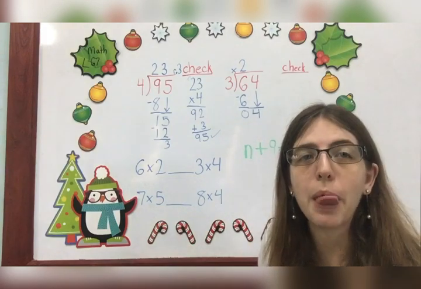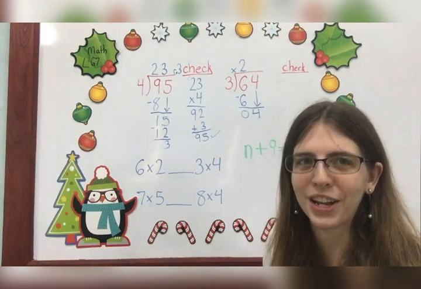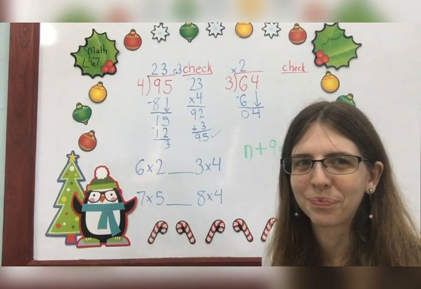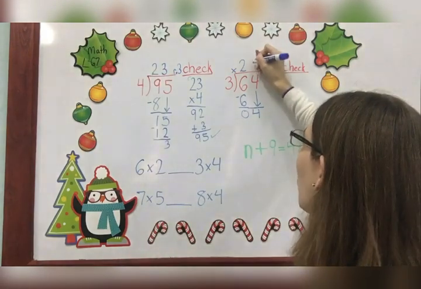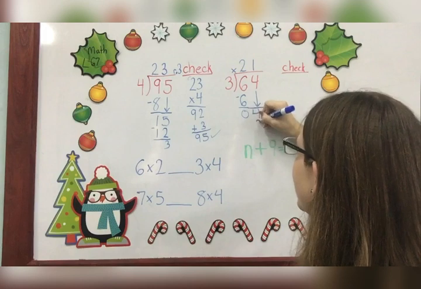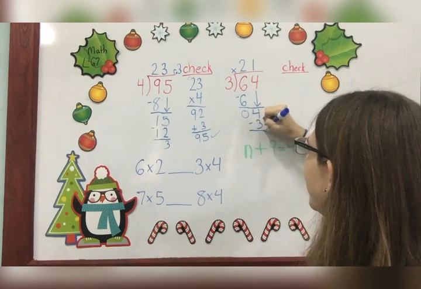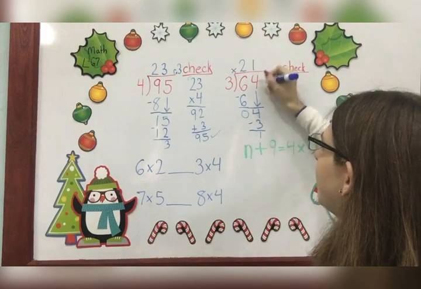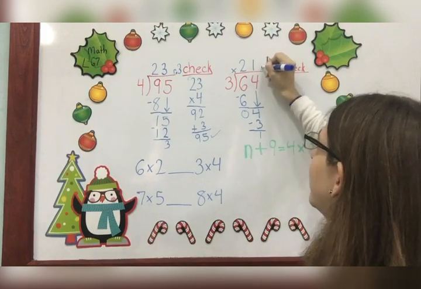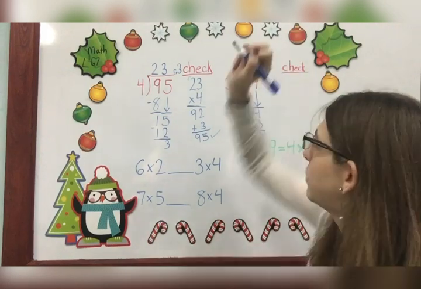How many groups of 3 are in 4? 1. 1 times 3 is 3. 4 minus 3 is 1. 1 is less than 3. There's nothing left to bring down, so that means that my remainder is 1.